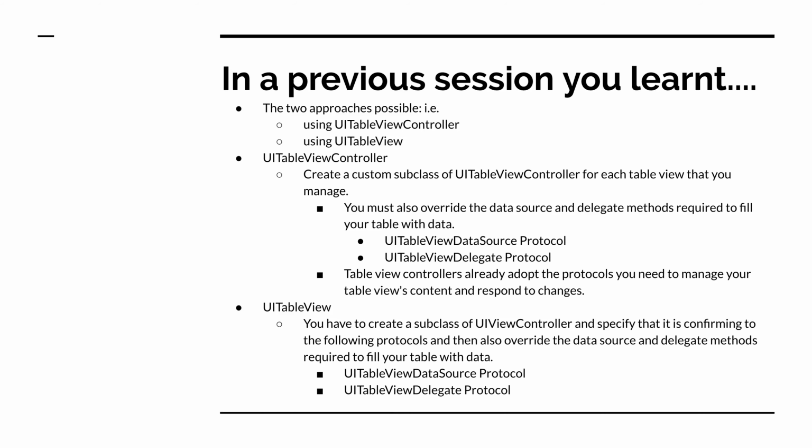So those lessons were table views, dynamic content, UITableViewController part 1 to part 5, right? We already covered that. But in this lesson, we are going to cover the second point, which is using UITableViews, right?